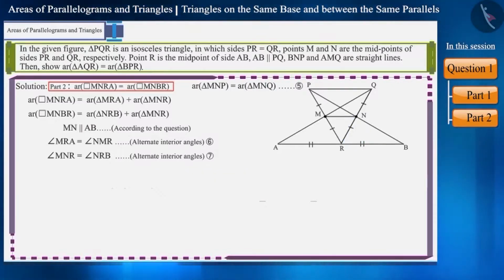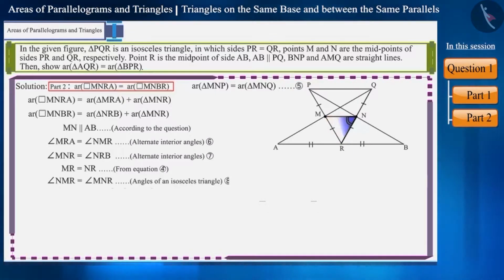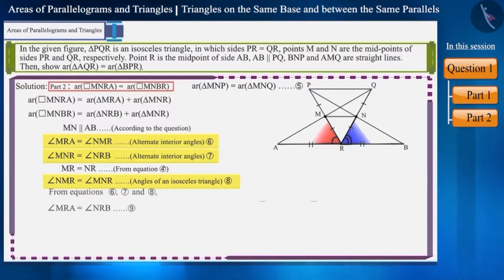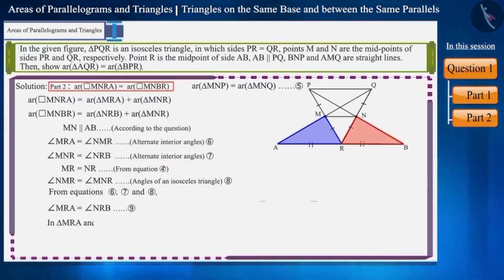From equation 4, we know that MR and NR are equal. This means triangle MNR is an isosceles triangle. Therefore, the two angles, angle NMR and angle MNR, will be equal. Now, with the help of these equations, we can say that these angles are also equal. Now, look at triangle MRA and triangle NRB.